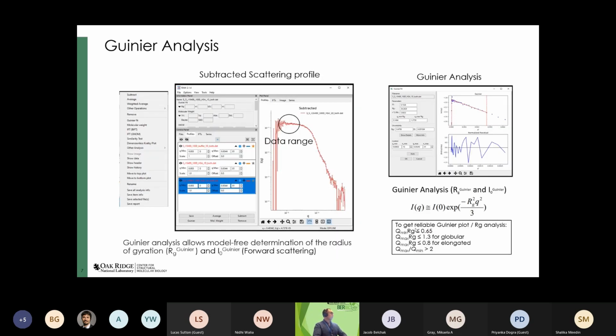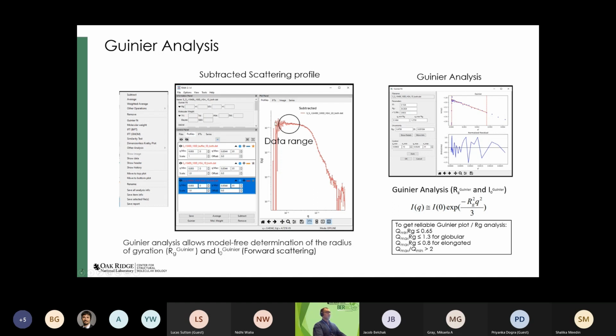Okay, so now how do we do Guinier analysis? After you have your data subtracted, you have the scattering profile of our sample already subtracted.